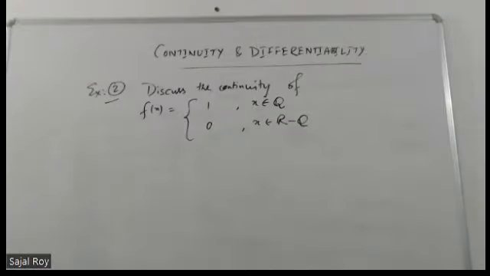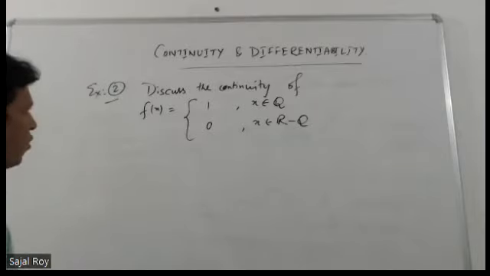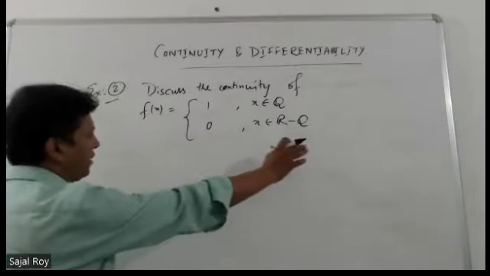So this is 1 if x is a rational number, and 0 if x is irrational.